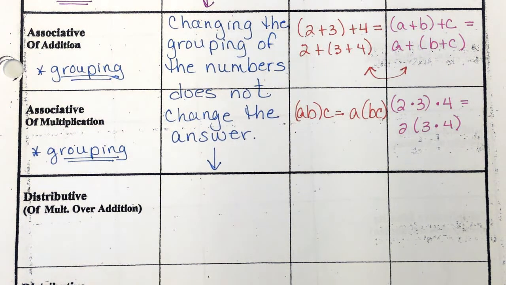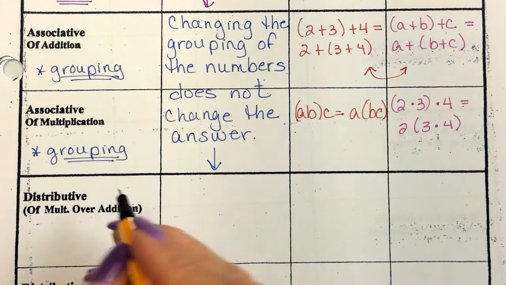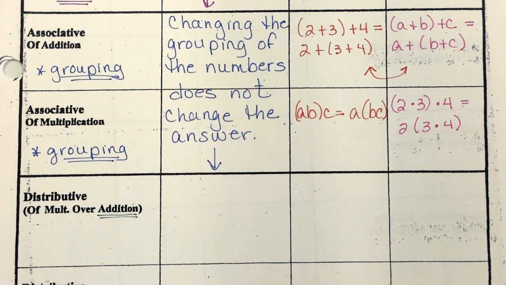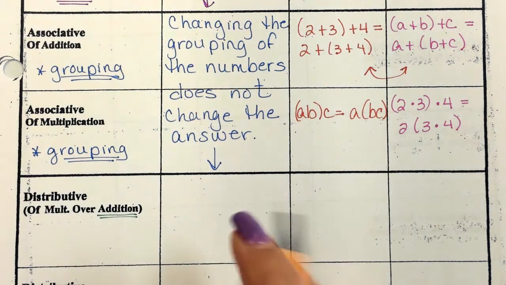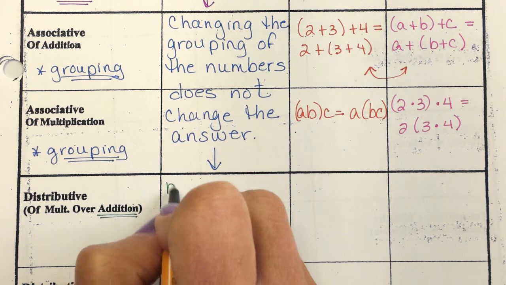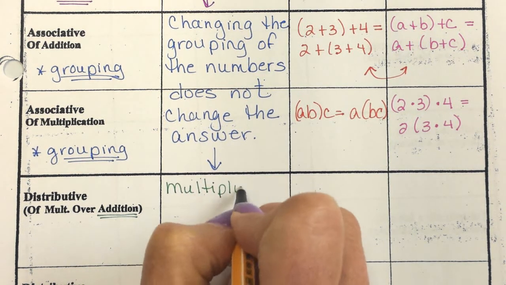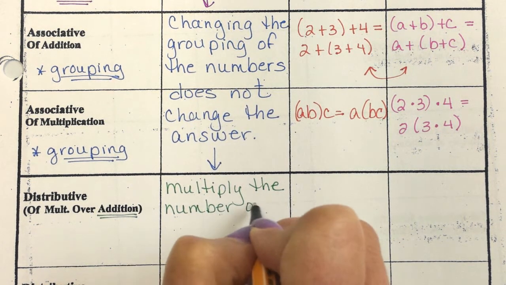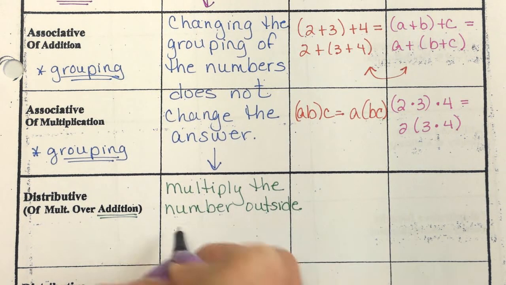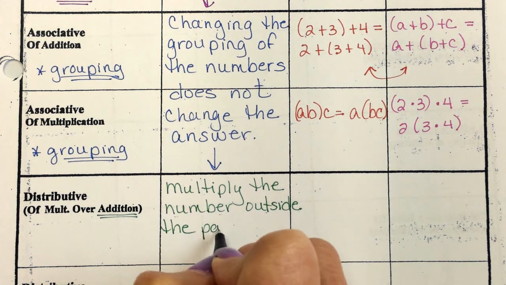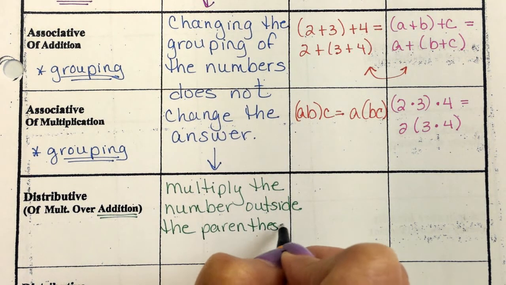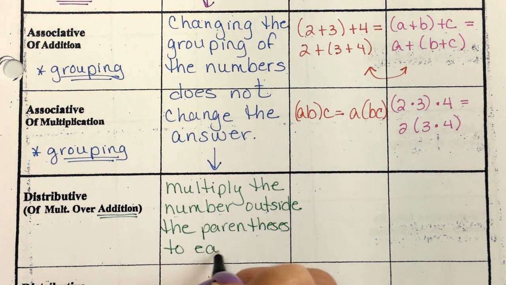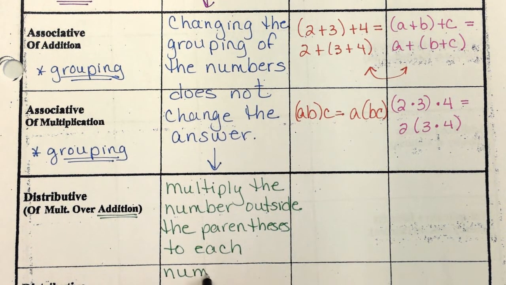Your distributive property, again, I'm going to use the same definition because the only difference is sometimes your distributive property will have addition and sometimes it will have subtraction. All right, so my definition here says that with the distributive property, you are going to multiply the number outside the parentheses to each number inside the parentheses.